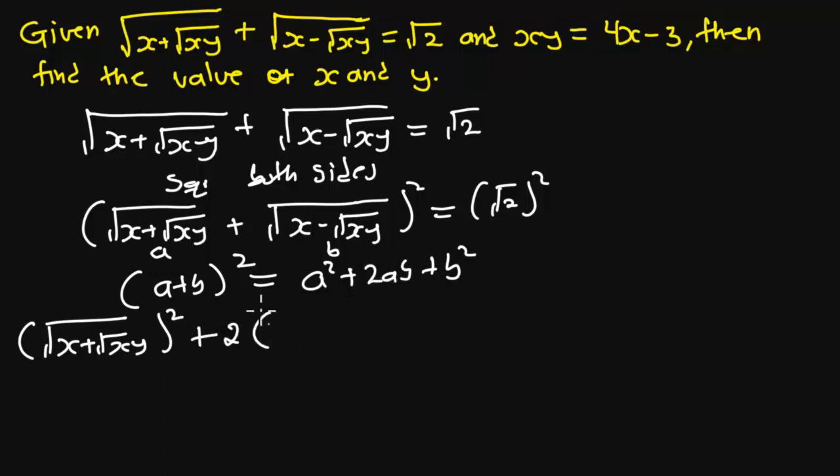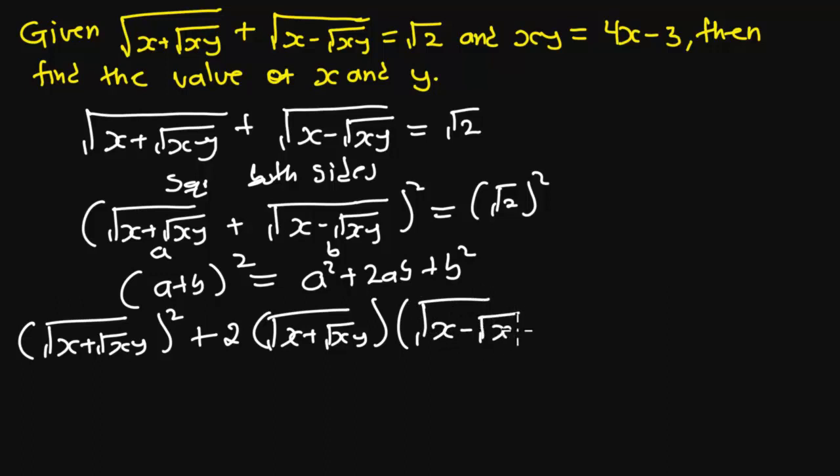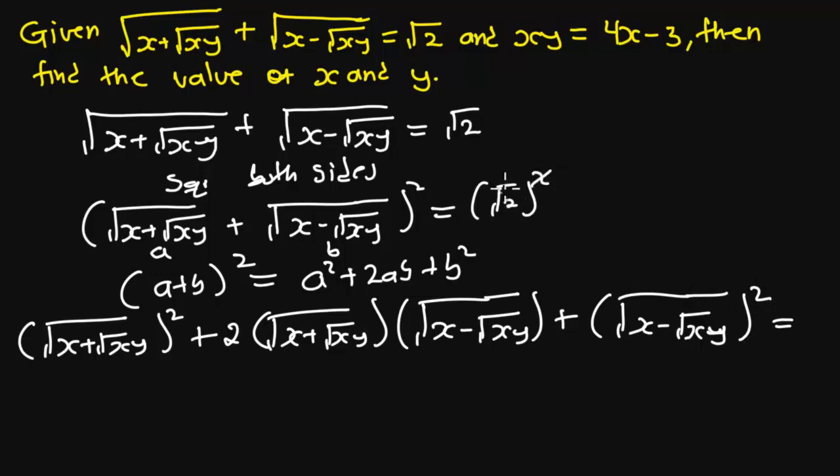So 2 times our a, the square root of x plus the square root of xy, multiplying b, and then b is the square root of x minus the square root of xy, plus b squared, and then b squared is the square root of x minus the square root of xy all squared, is equal to, and then here squared will take care of the square root, so it will be equal to 2. And from here the squared over here will take care of the square root, and the squared over here will take care of the square root.